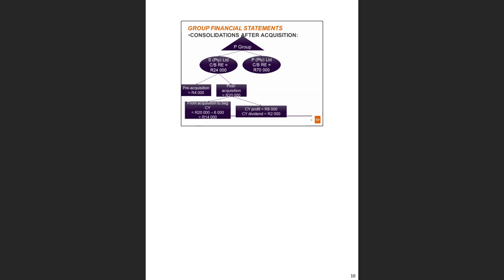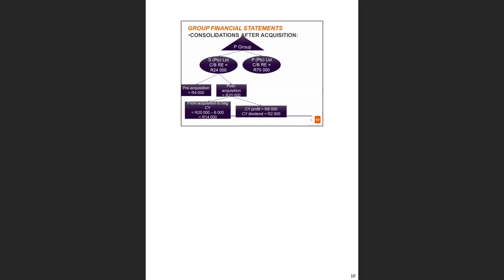So here we have a little group structure just to illustrate what we'll be doing. In this group, we have the P group, and the parent is P Pty Limited. For example, they have a closing balance of retained earnings of 70,000. Then we have S Pty Limited, the subsidiary. They have a closing balance of retained earnings of 24,000 Rand.